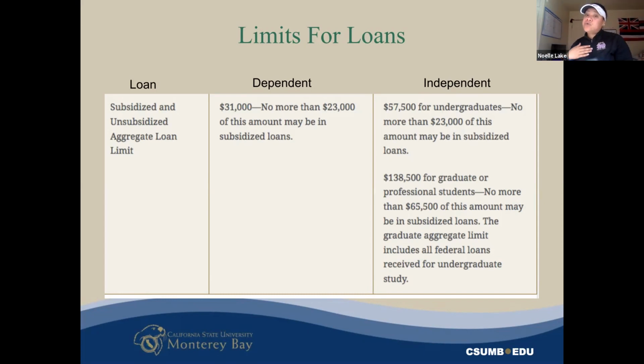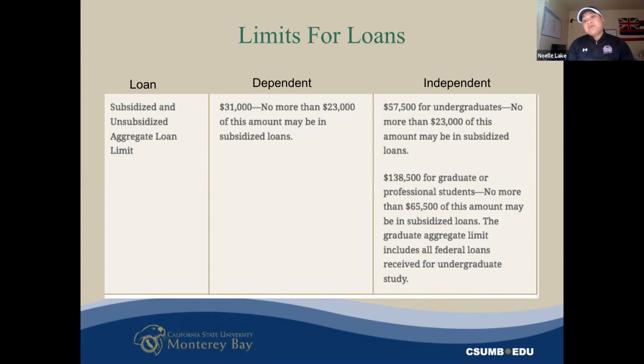Now, if you're planning to go to graduate school, it's a little different. Keep in mind, you still have to fill out your FAFSA, but you're probably mostly going to be eligible for student loans. It can be different at another institution, where maybe you have eligibility for grants, but for us at CSUMB, a graduate student is only eligible for an unsubsidized loan.